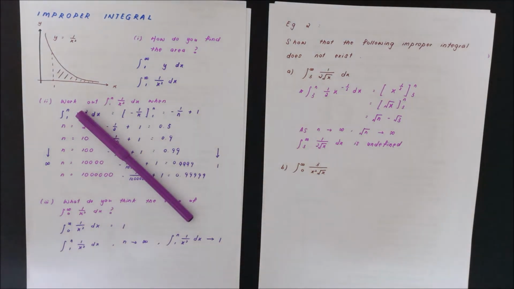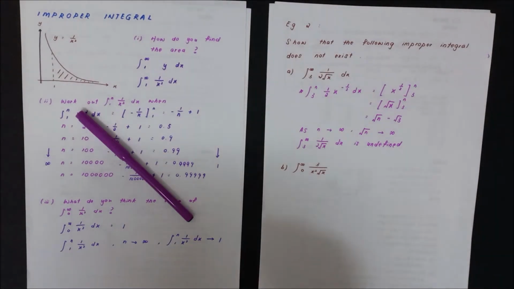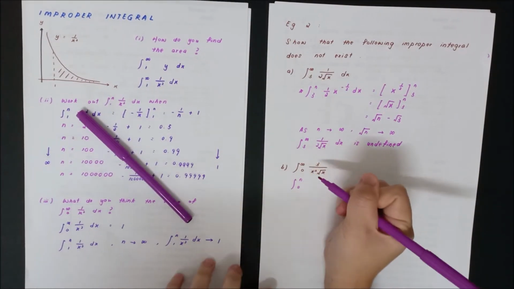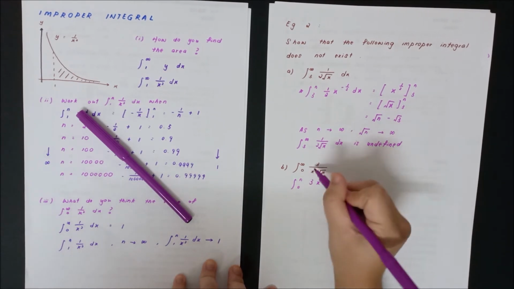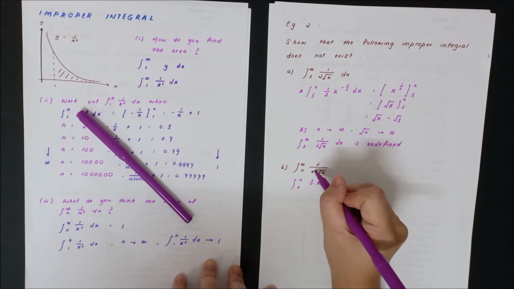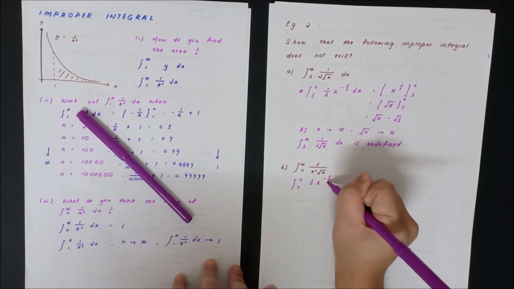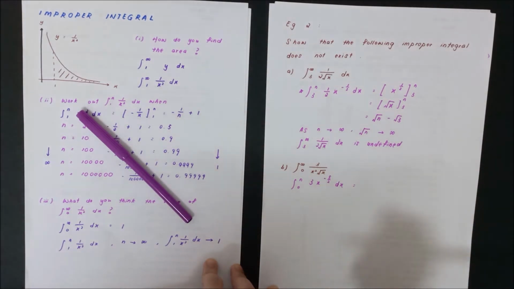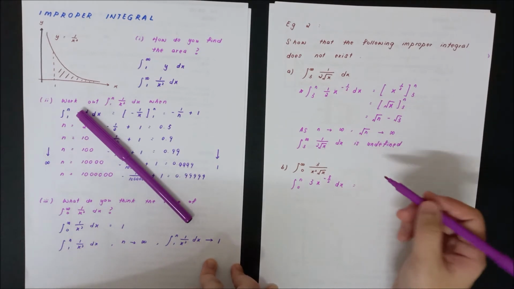Okay, so now let's look at B. Same thing. Let us change it. So 0 to n, and then 3x to the power of 2 plus 1 over 2, you are getting 5 over 2, so negative 5 over 2 dx. And then equal to, okay, then you can start to do the integration.